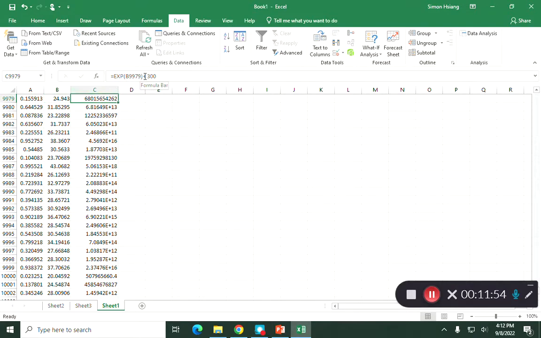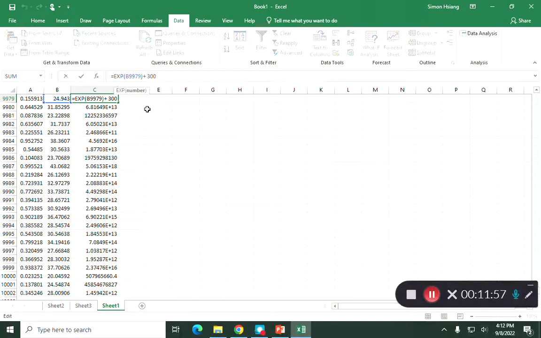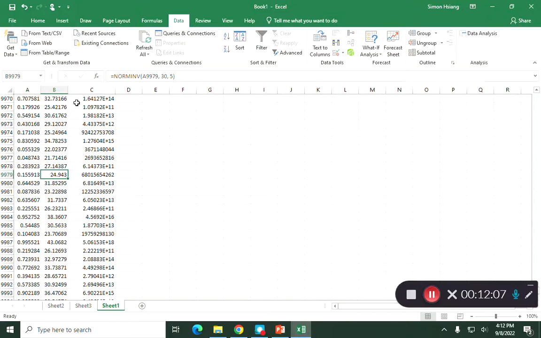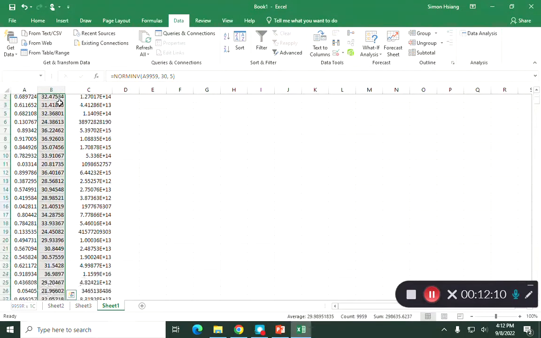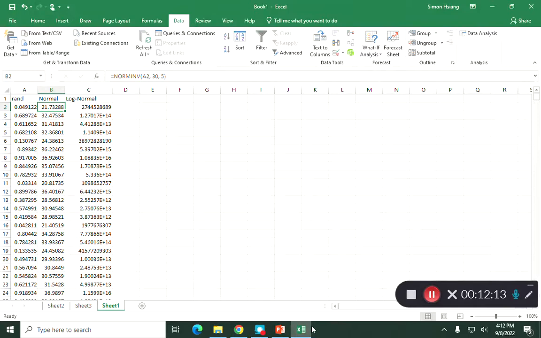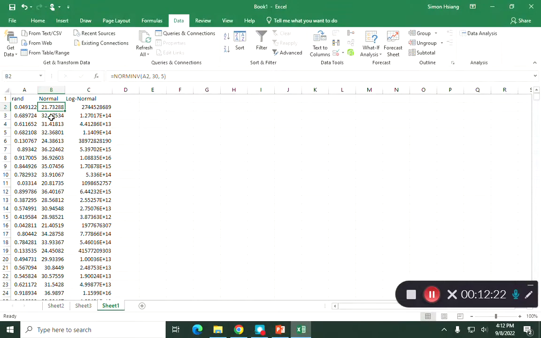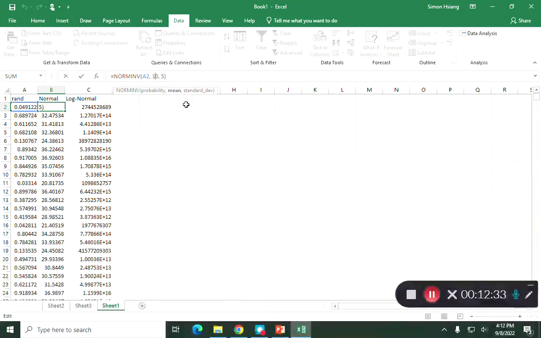Okay. Let me do this. Let me have this value divided by normal inverse, exponential, let me use 3.